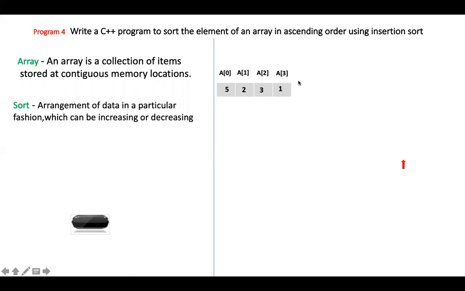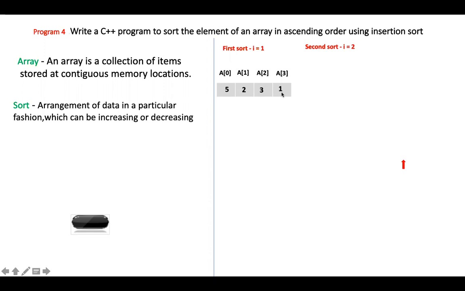Now we will fill this array with some numbers. Now how will we start with our sorting? First we'll consider first sort, i is equal to 1. If i is equal to 1, where does it point? It will point to my a of 1. Okay, i value is 1.